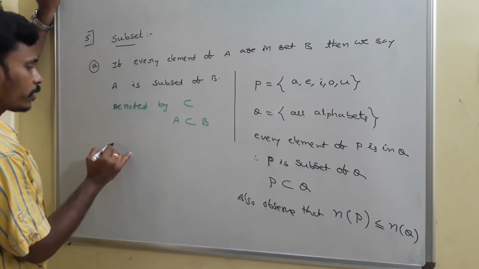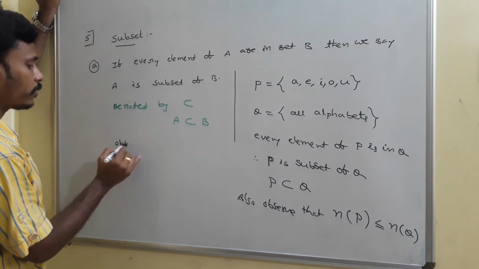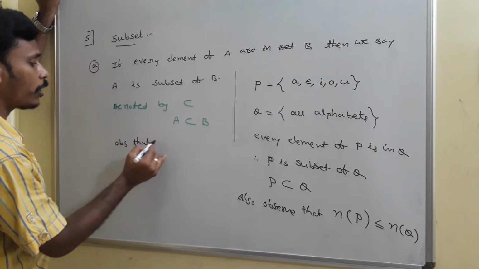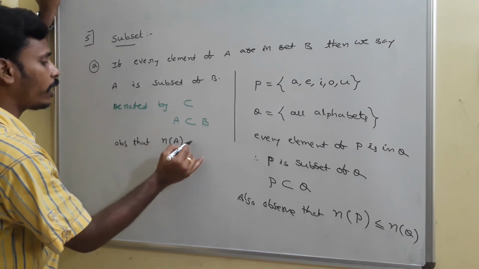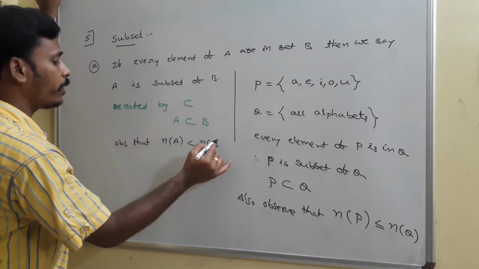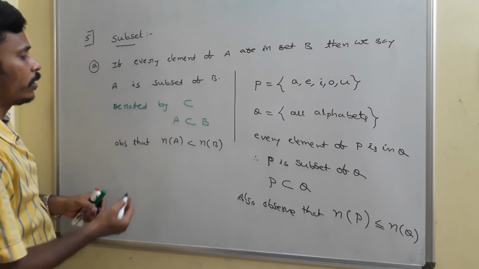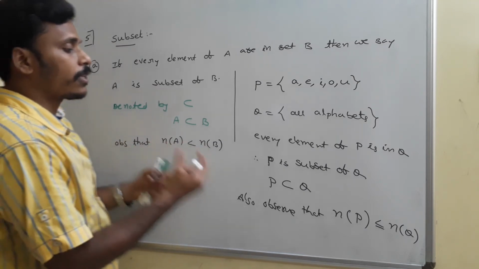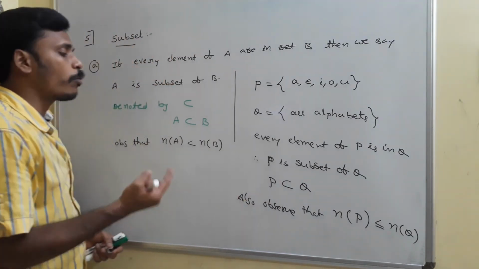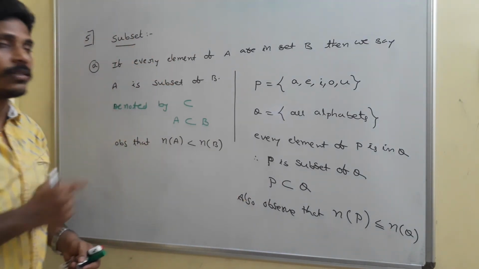Here also, observe that since A is a subset of B, then n(A) is less than or equal to n(B). Sometimes if they are equal, then also we call them subsets, and the equality may happen.